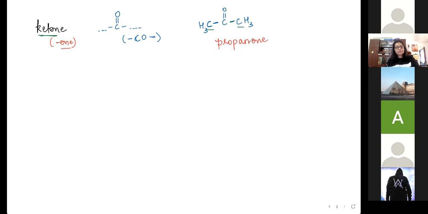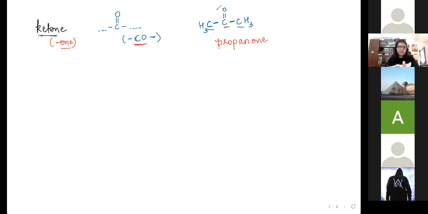Ma'am, but you said hydrogen should not be there, right? I meant not directly attached to this carbon atom. It can be there as a filler for the valence. The middle carbon, because if it is directly attached to this, it becomes an aldehyde. Only if it is in the center will it be a ketone. Ma'am, is hydrogen a part of the ketone? No, the ketone is just CO. In this figure, H3C and CH3 are attached.